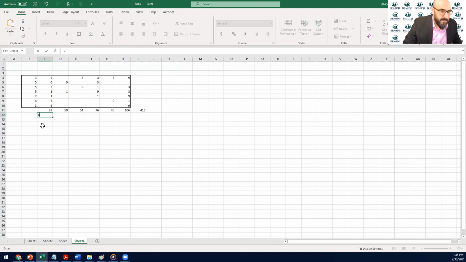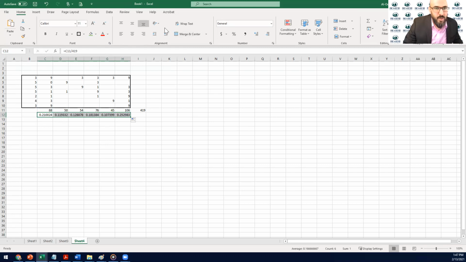And now let's find the percentage. We need to divide each number by 419, and the same thing for the others, and change that into a percentage. All right. Now for the percentage, we have 21% on the first one. So I'm going to go down here to my QFD.